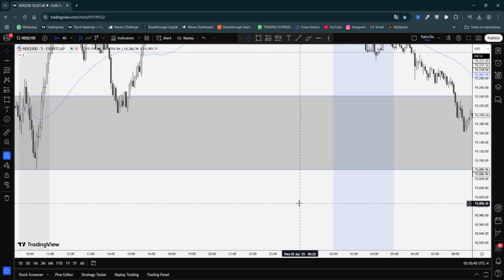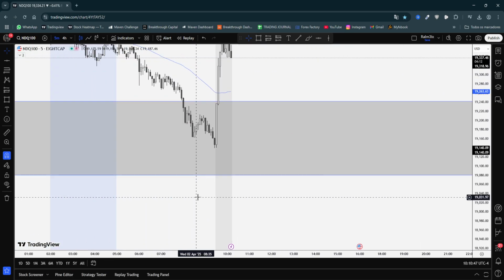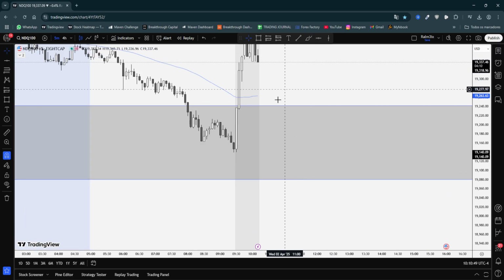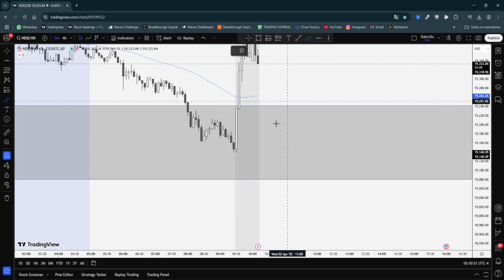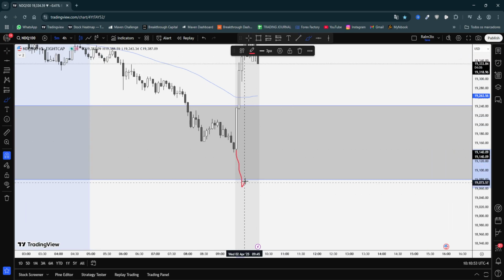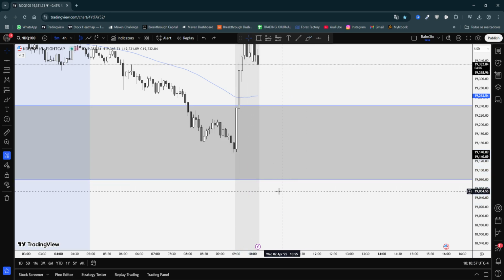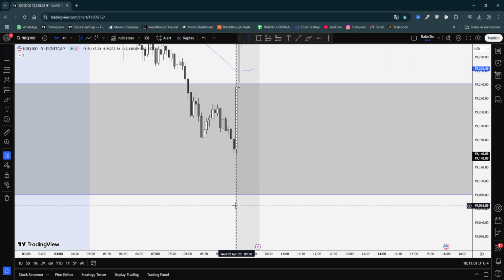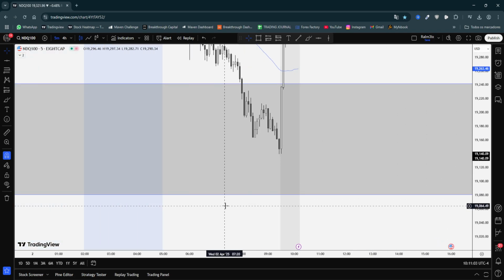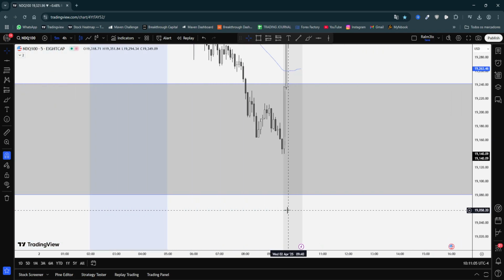And if you check to the left, I don't like to enter, for example, if price came here and broke and retested just the 4-hour, okay? I like to see the 4-hour tap or retest a zone there on the left, and this is the only time I mark a 5-minute zone that is not from the current day, okay?